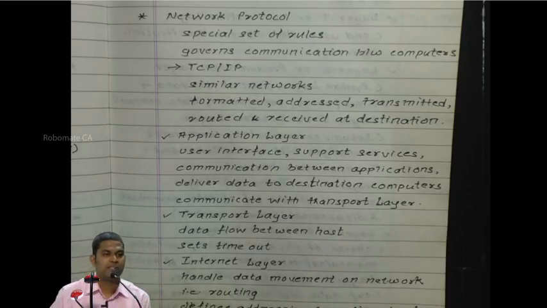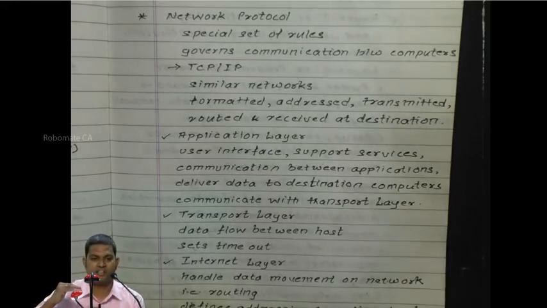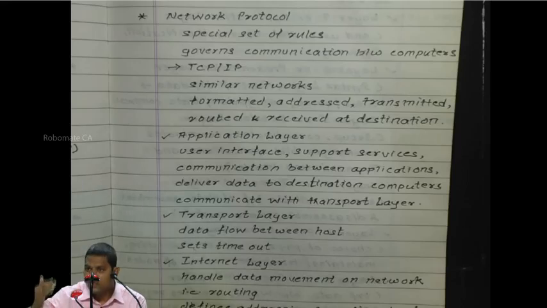And then obviously it has to interact with the layer below it. So application layer is communicating with the transport layer. See, every layer communicates with each other. They have to do that. So application layer ultimately will be communicating with the next layer. The layer below it is called the transport layer.